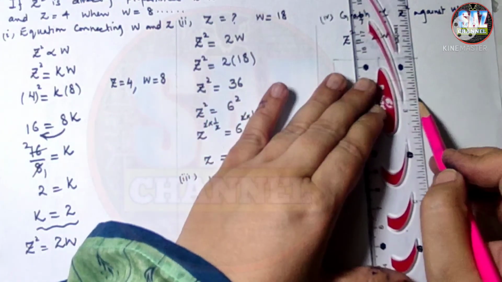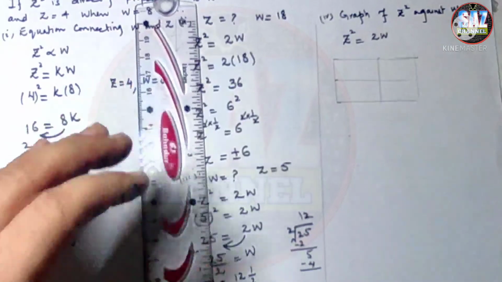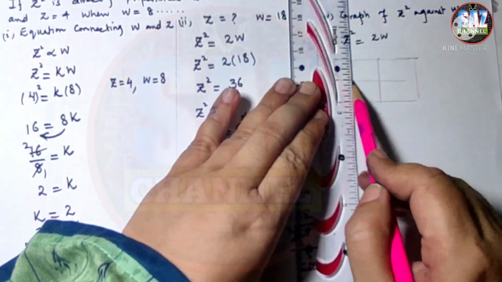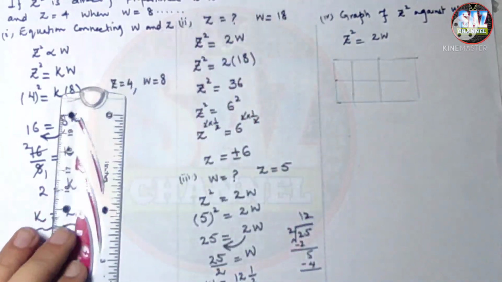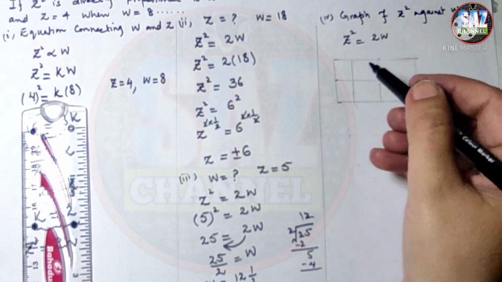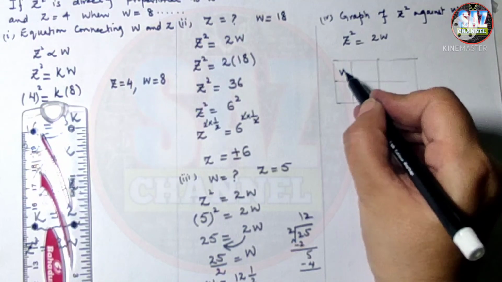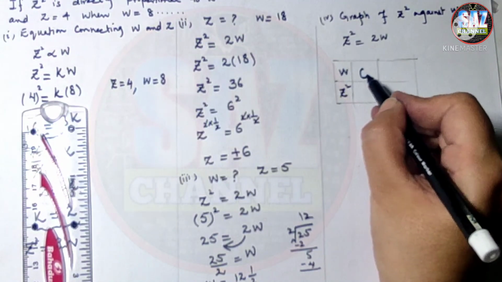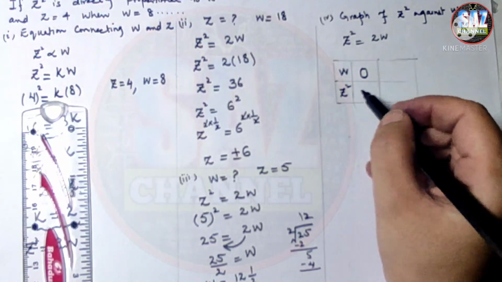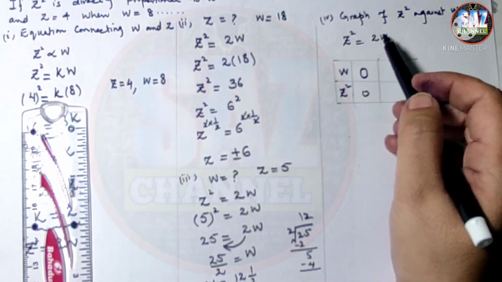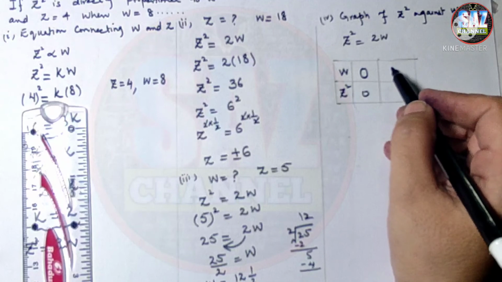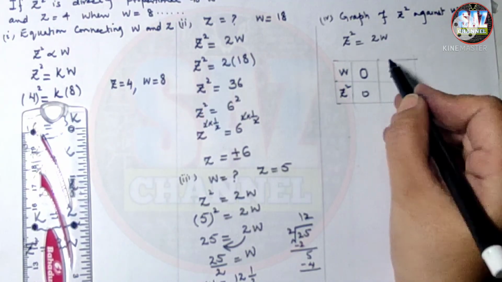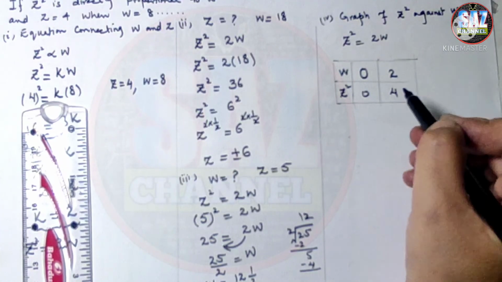These graphs are not so difficult. So here the independent variable is w and dependent is z square. When I'm giving w 0, z will be 0. When w is 1, or what we can do is w is 2, and 2 times 2 is 4, z square will be 4.